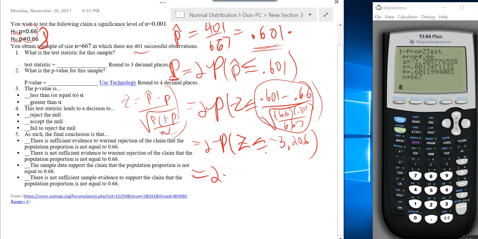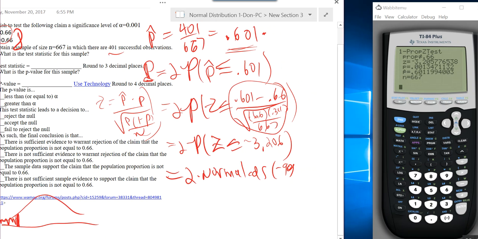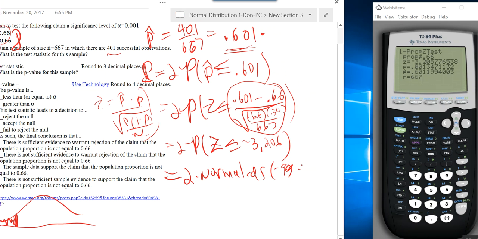And then z less than or equal to negative 3.2, that's a normal distribution. Negative 3 is here. We want that area out there, so it's the normal CDF from negative 99 up to, over a little bit, I'm just going to go off the screen, negative 3.206.